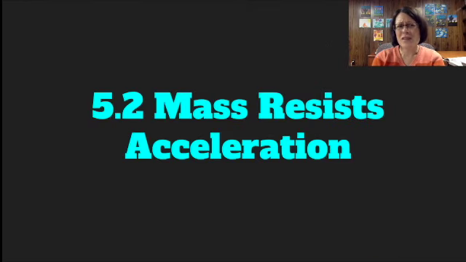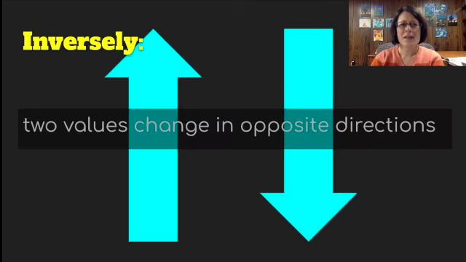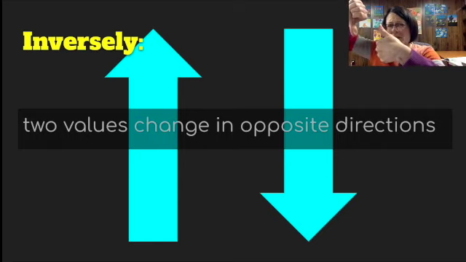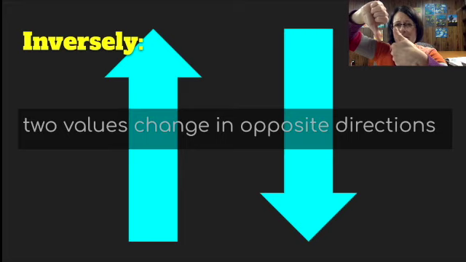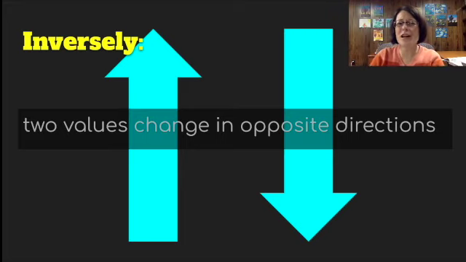Now, let's talk about section 5.2, the fact that mass resists acceleration. Another relationship we can have is things being inversely proportional. This means two values change in opposite directions. So if one goes up, the other goes down, or if one goes down, the other goes up.